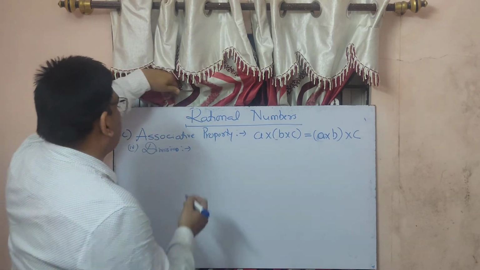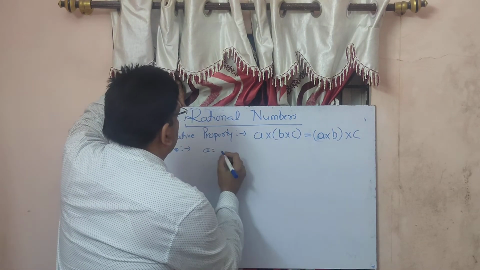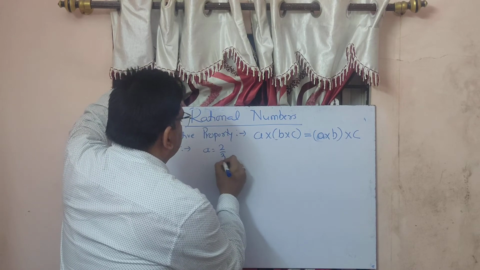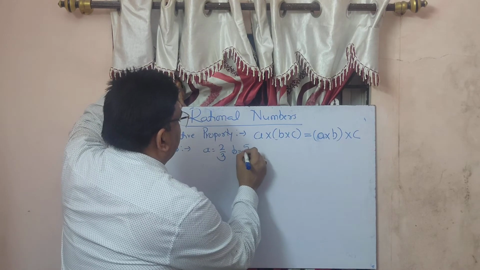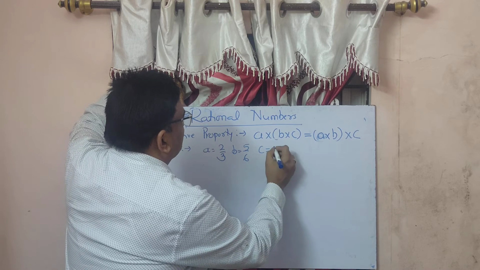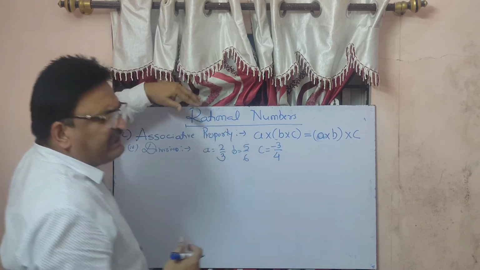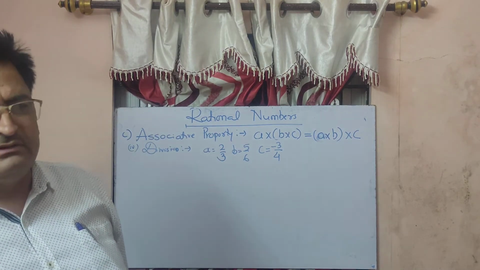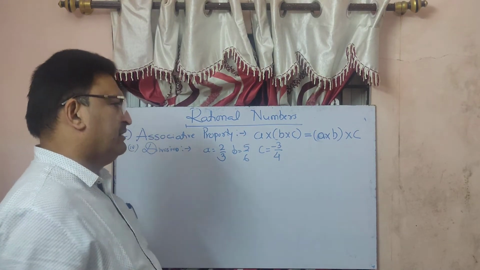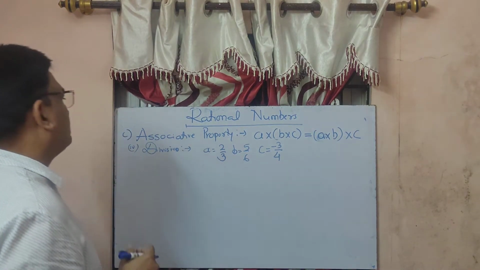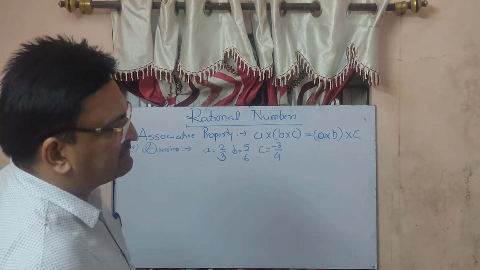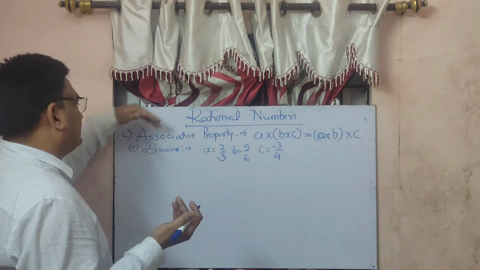Again you can write A equal to 2 upon 3, B equal to 5 upon 6, and C equal to minus 3 upon 4. You can take any number. Now let us check what will happen, LHS equal to RHS or what?